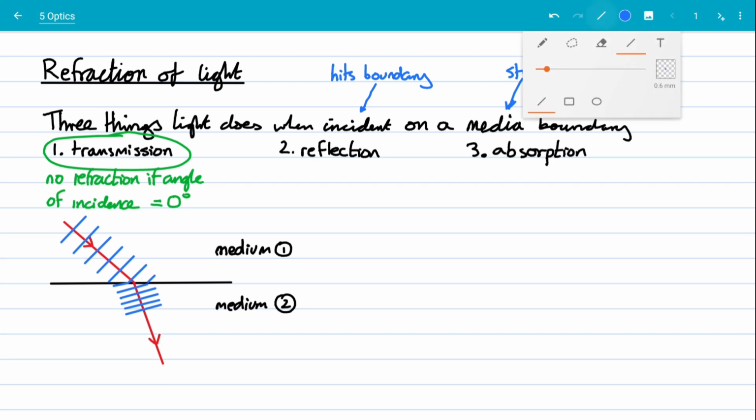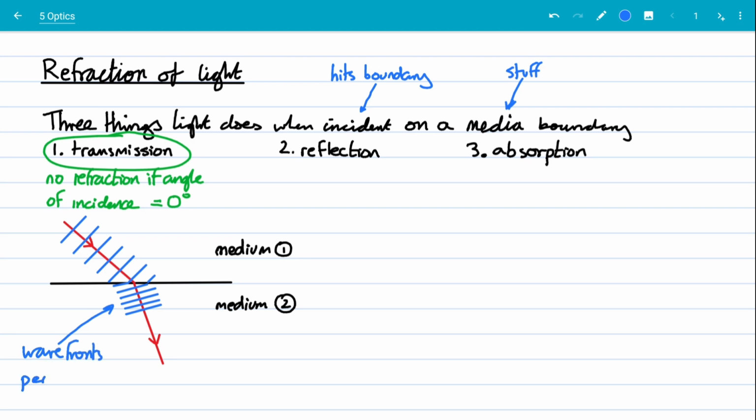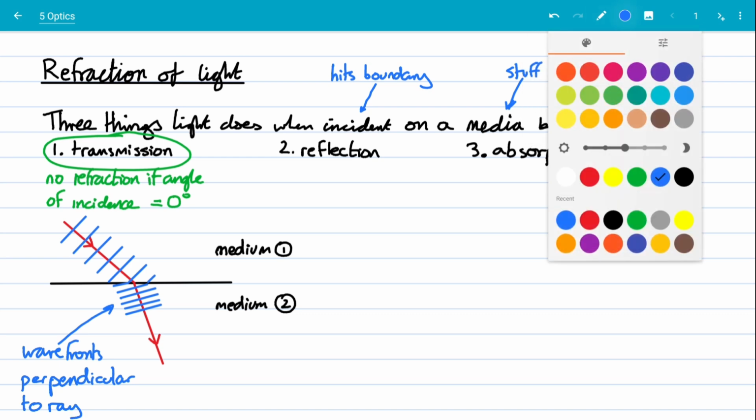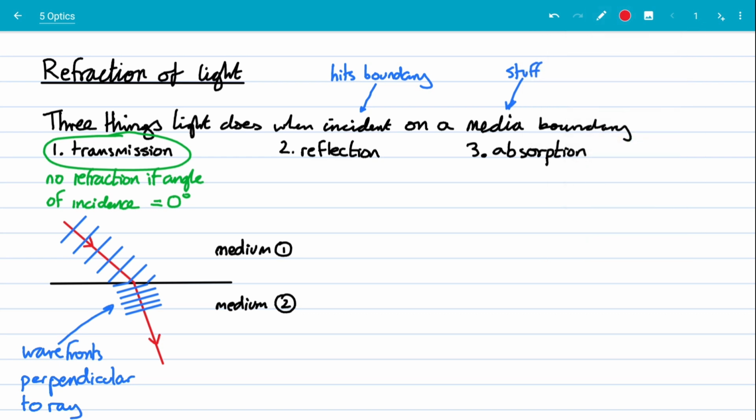So we've got the blue part, which is the wave fronts, and they are perpendicular to the ray. And we've got the ray, which indicates the direction of the beam, if you like, the direction of the wave energy.